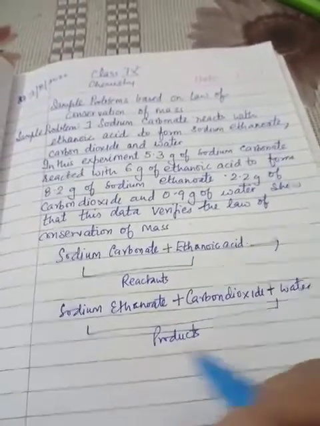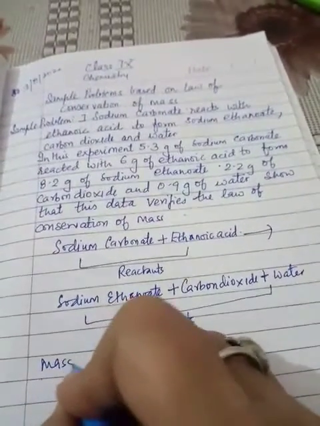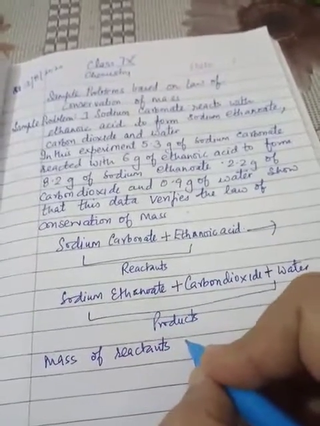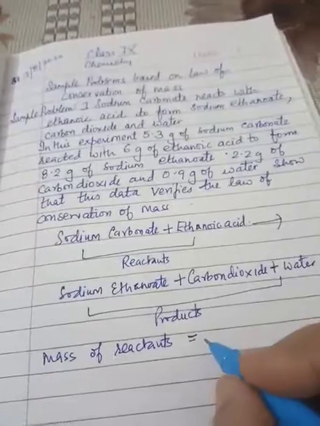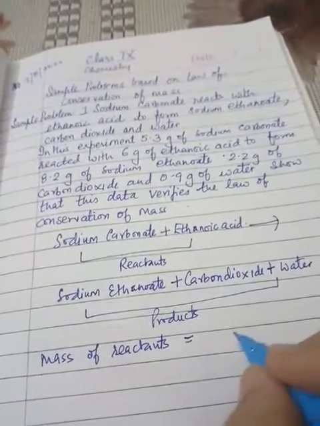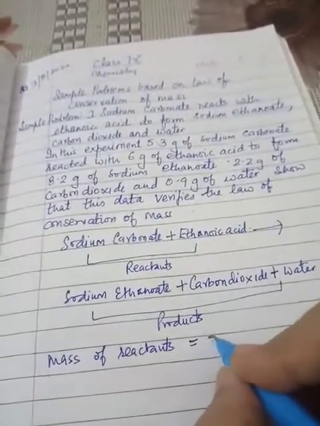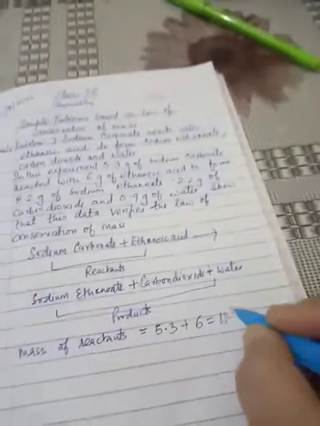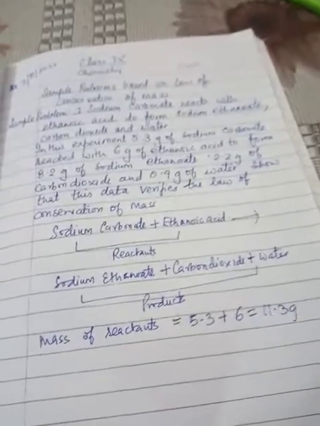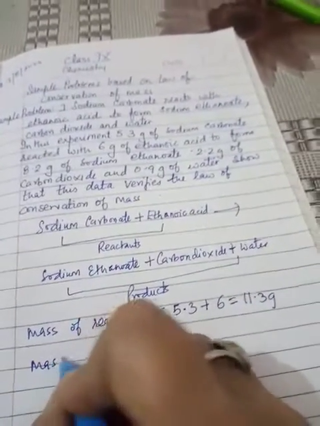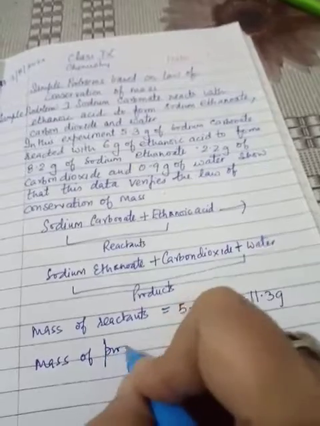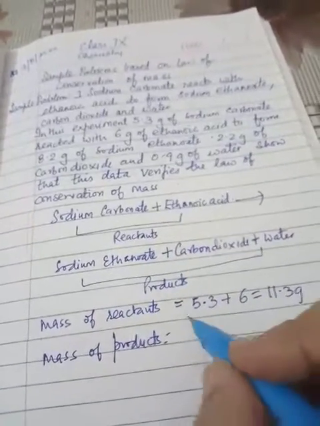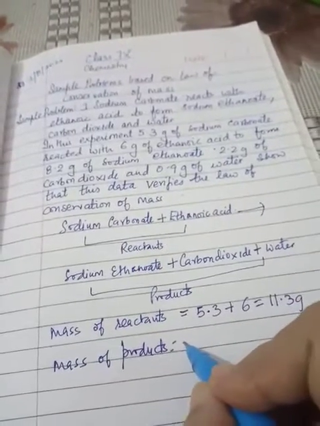Now already we know that the mass of reactants is equal to the mass of sodium carbonate and the mass of ethanoic acid. Their mass is 5.3 plus 6, that is 11.3 gram. Now the mass of products: sodium ethanoate, carbon dioxide and water are products.